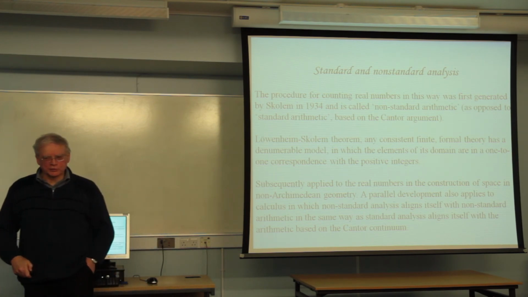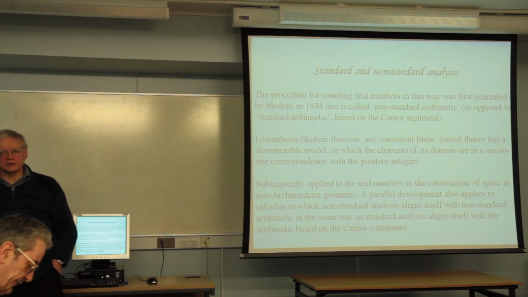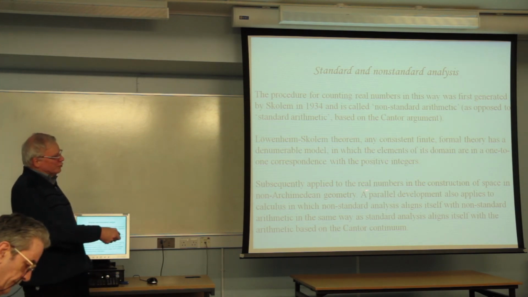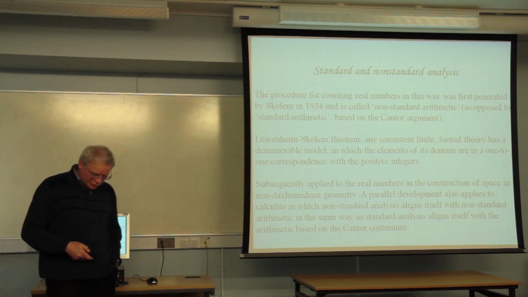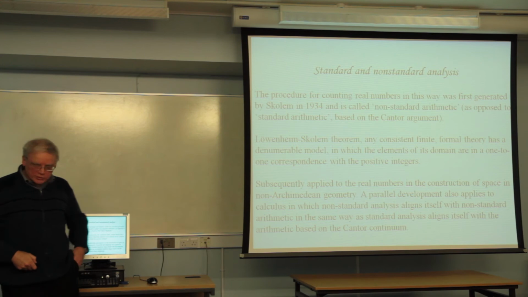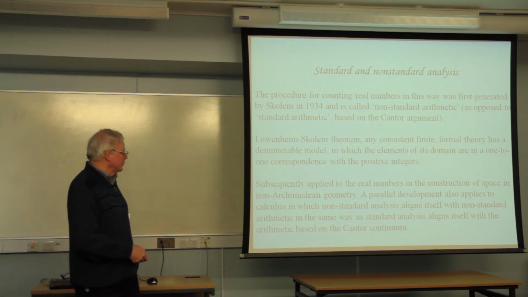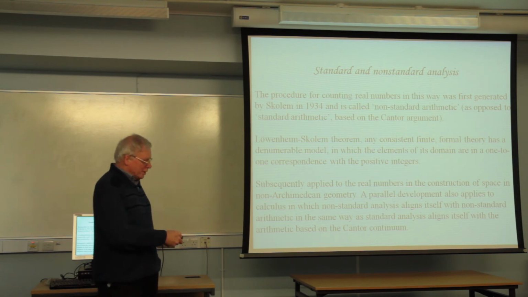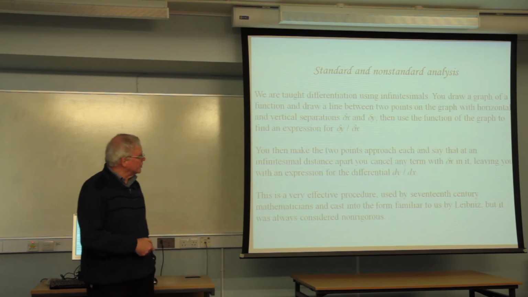So if you can devise an algorithm, you can count it. That's the bottom line. In addition to real numbers in arithmetic, there's also a non-Archimedean geometry, which is exactly a geometric version of this. There's also a non-standard analysis, which is a calculus version of this.